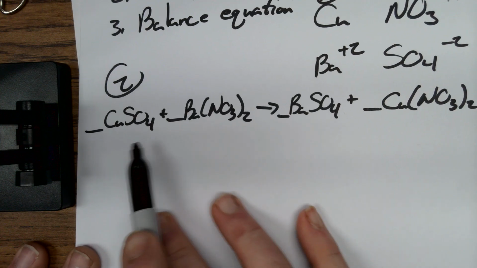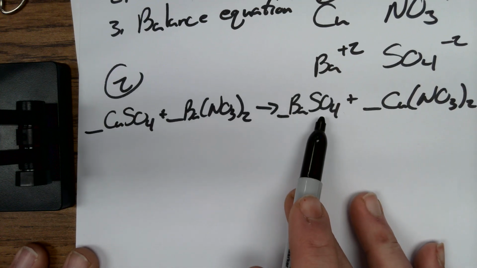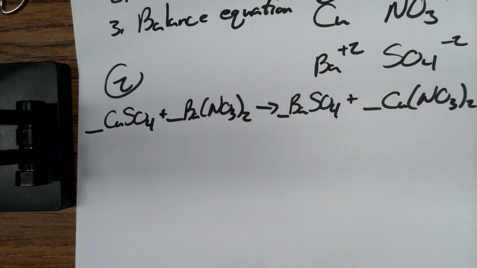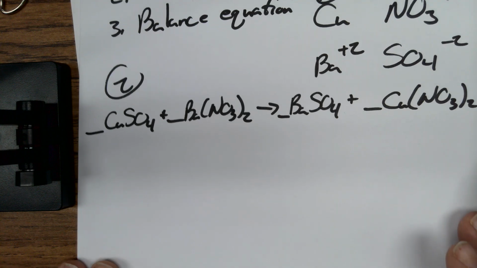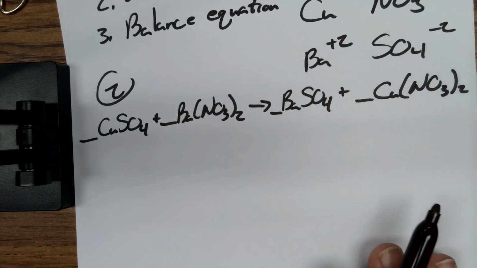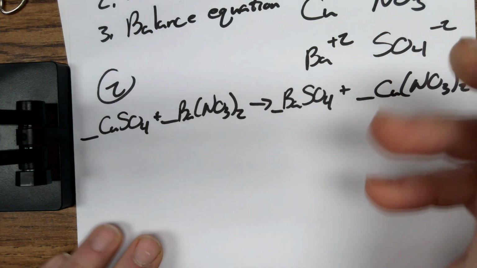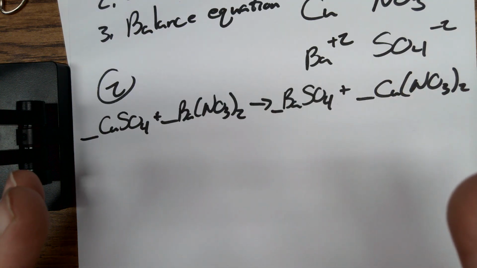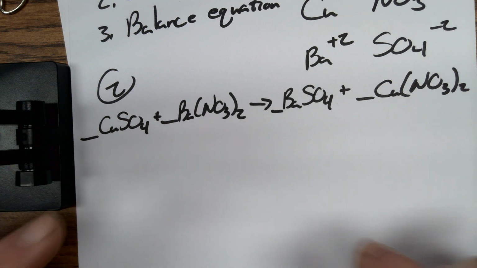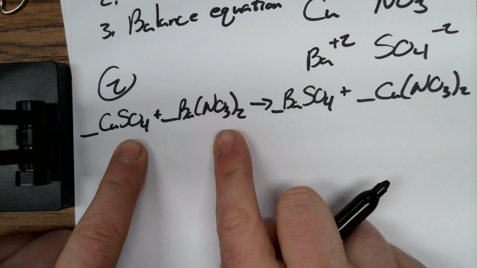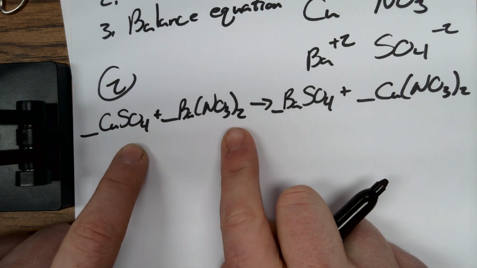Is the sulfate in the reactant and in the product? Then why would I count them separately? I can count that as one unit. My nitrate, is it in my reactant and my product? Why would I count them separately? I can count them as one thing. So instead of counting 5 different atoms across several different sources, like with oxygens, I have 2 different sources for oxygens. That can get kind of crazy.